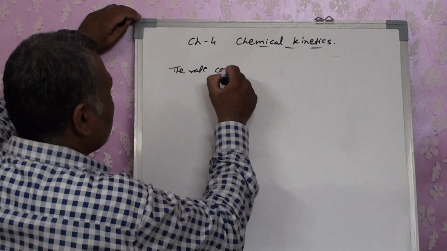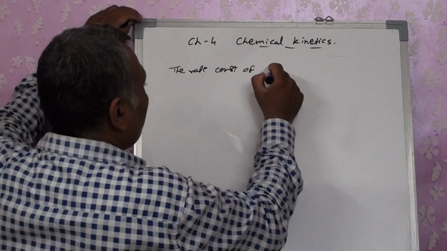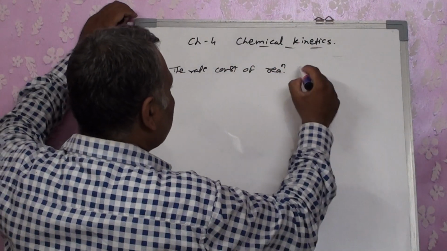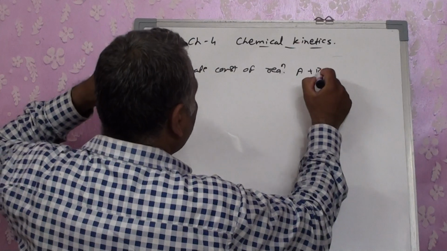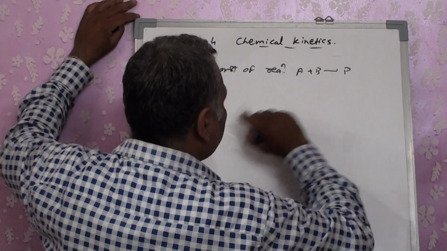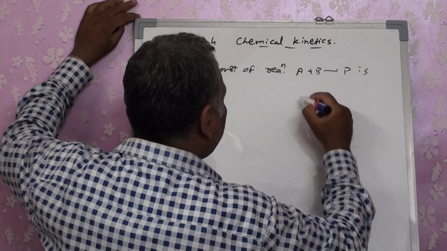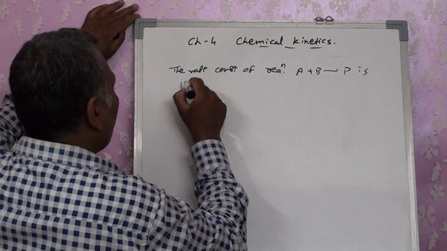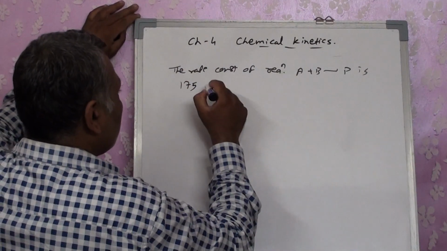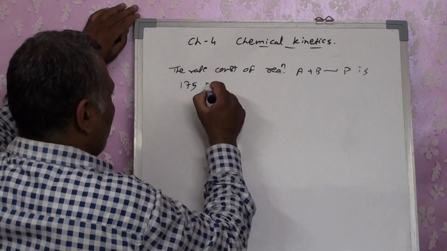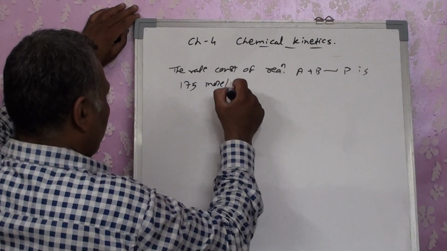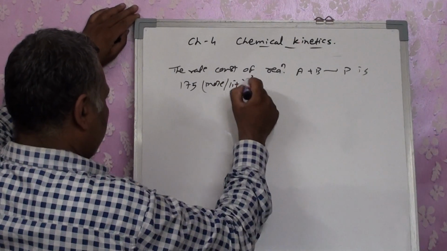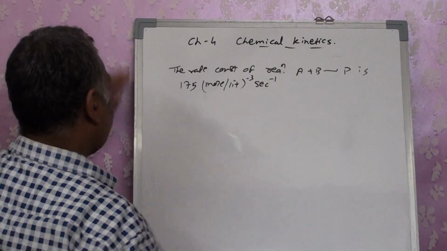Second factor that is being asked. The rate constant of the reaction A plus B getting converted into product is 175 mole per liter raised to minus 3 second inverse.